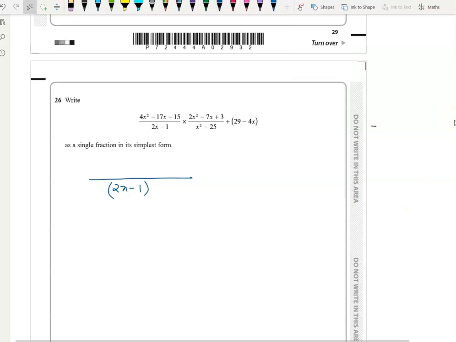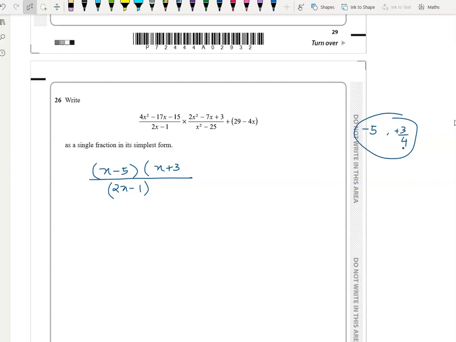So 5 I'll write minus 5, and minus 3 by 4 I'll write plus 3 by 4, the opposite sign. Now using these two I can write the factors. For x, you have minus 5, so write x minus 5. Second bracket, x plus 3, and this 4, the denominator, goes with x. So you get your factored form x minus 5 and 4x plus 3.